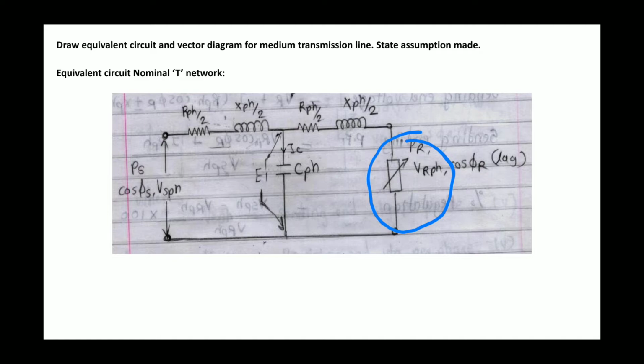IR means the receiving end current, and IC means the capacitor current flowing in the capacitor. Cos phi r is the receiving end power factor. Cos phi s means the sending end power factor. Now by using this equivalent circuit, we find the percentage regulation and the efficiency of the medium transmission line.